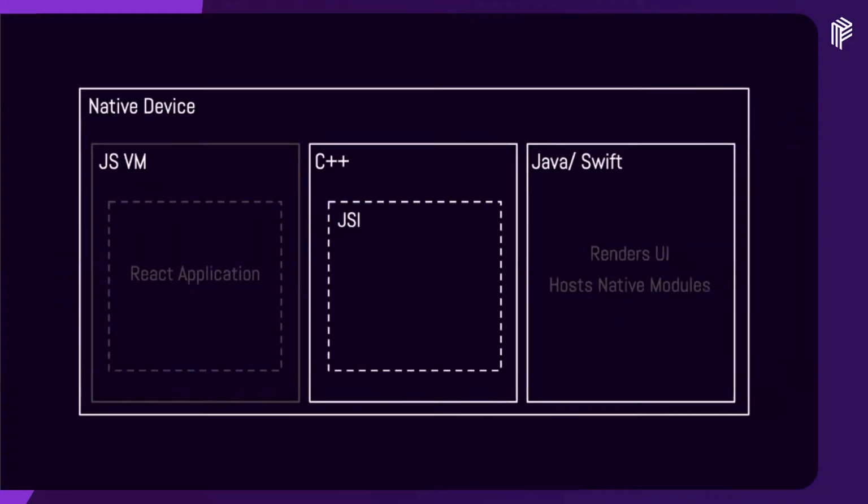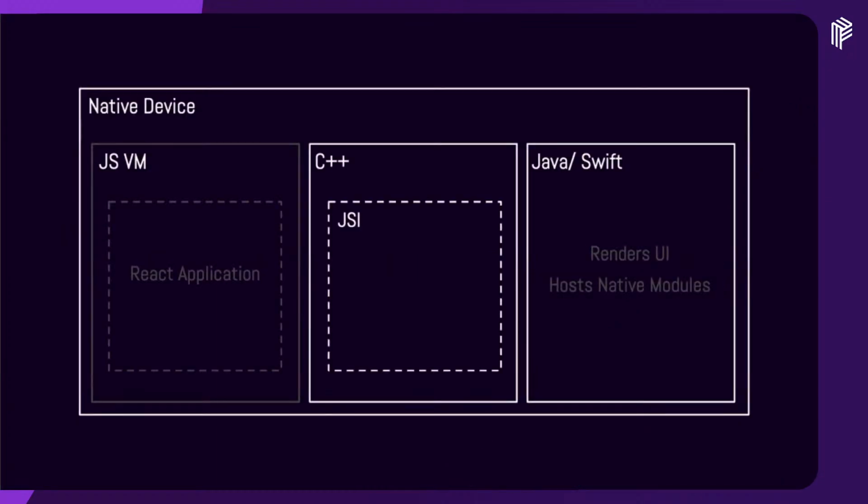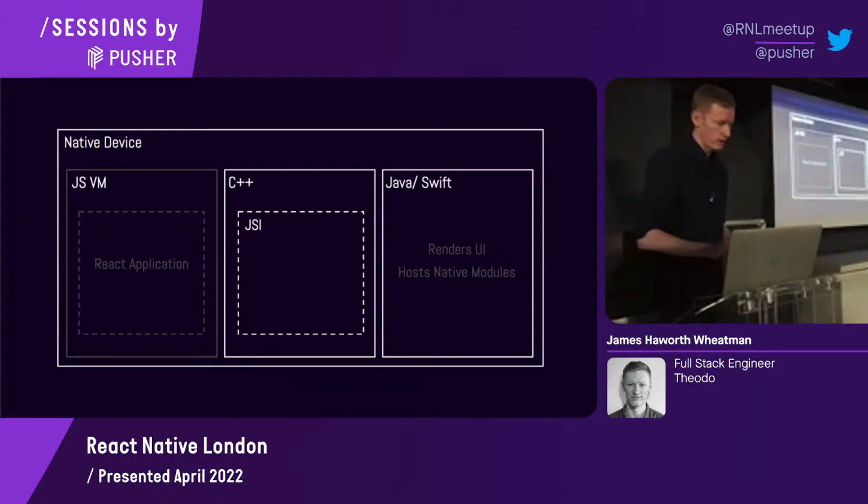So we've got the JSI, but obviously we're now talking between your React application and the world of C++, and JavaScript and C++ are very different languages. JavaScript is a dynamically typed language, whereas C++ is statically typed. So Facebook are actually doing something quite nice for us.